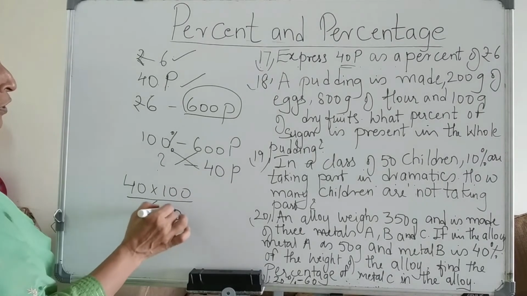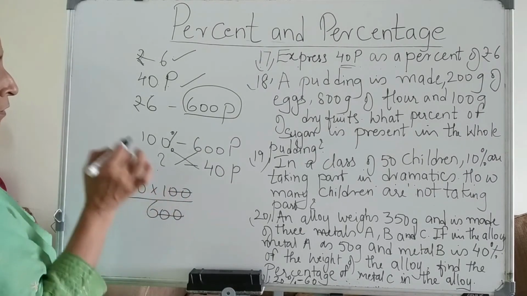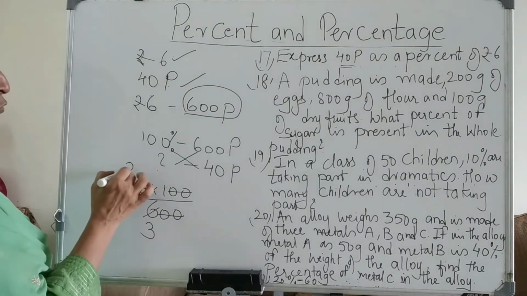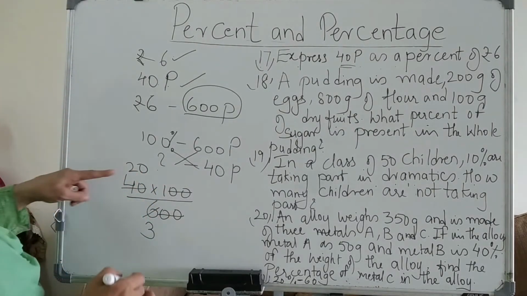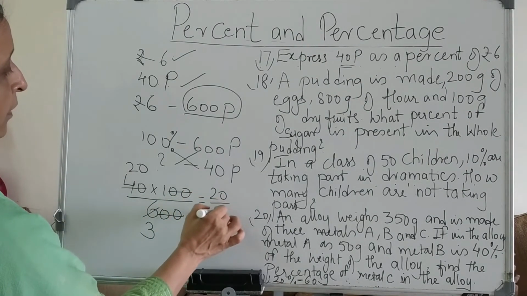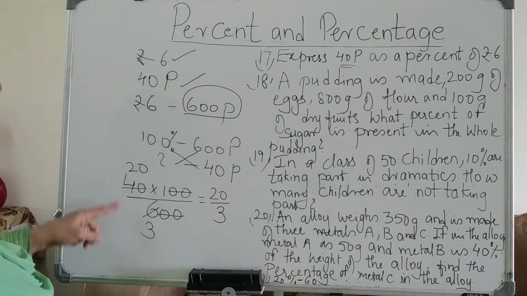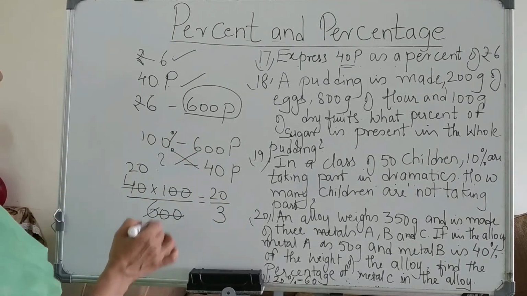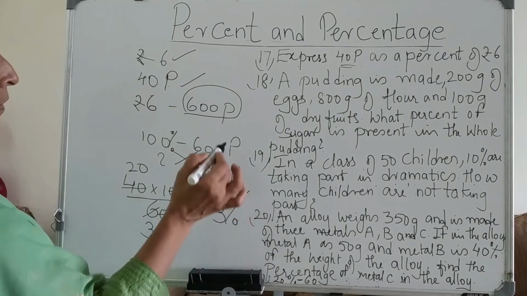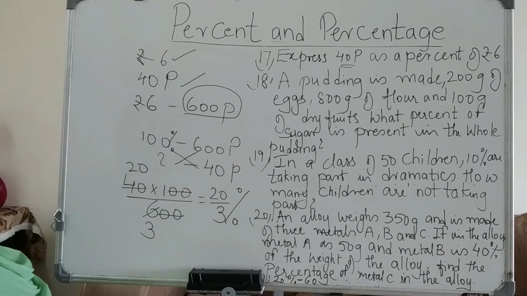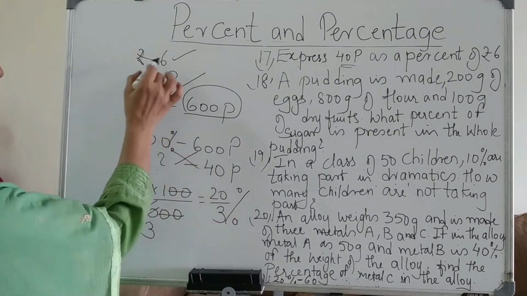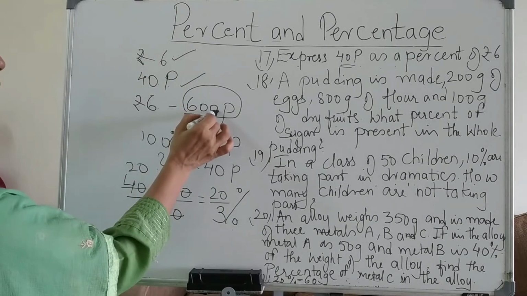Now these 2 zeros will get cancelled. 2 threes are, 2 twos are. So here you get 20 by 3. So let us divide and get how much. This is the percentage. 20 by 3, you can put in mixed fraction or write the percentage as it is. So first what you have to do, convert into paise.